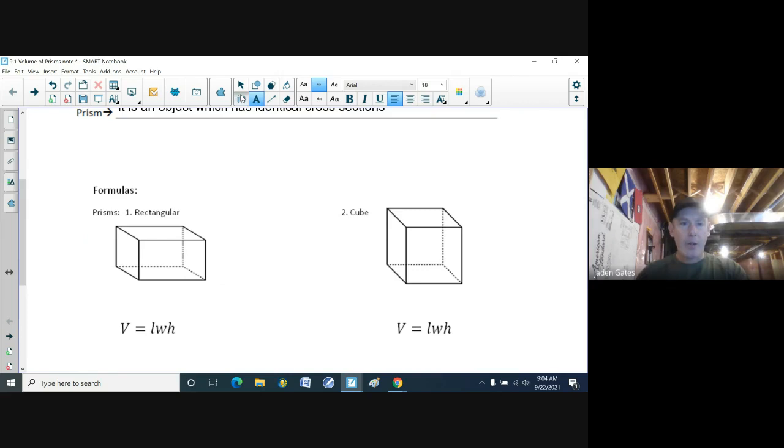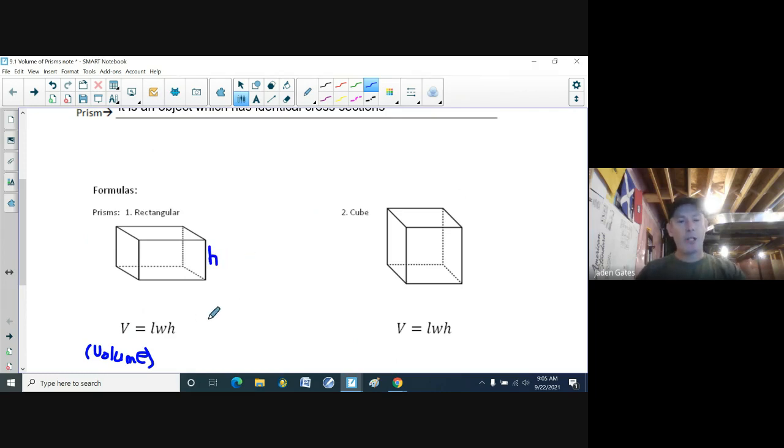All right, now the key thing here is we're going to use a couple of formulas today, and labeling these shapes. We have our first two formulas, where V stands for volume. Now we have an L, a W, and an H. The H is our height, so that's how high up.